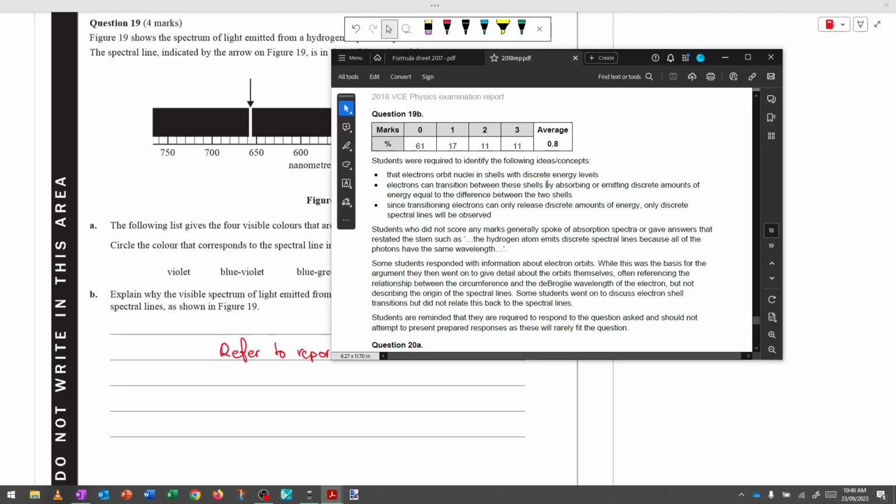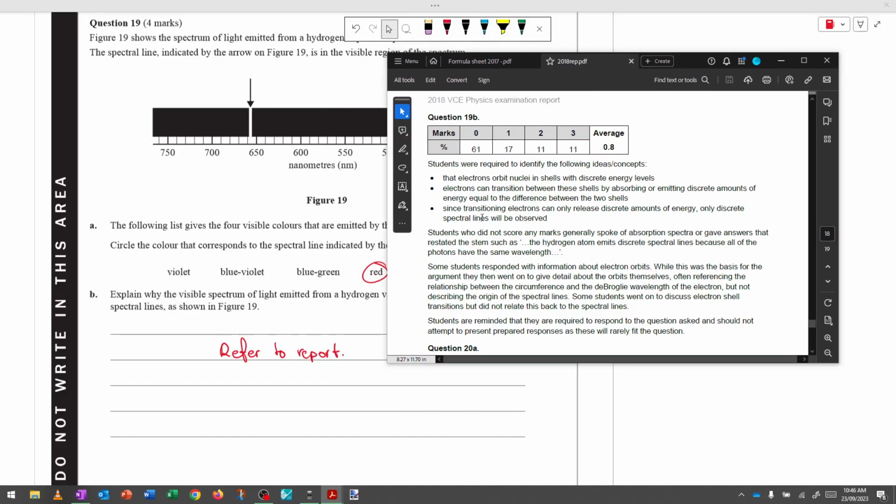Electrons can transition between these shells by absorbing or emitting discrete amounts of energy, in this case emitting when they go down an energy shell. Since transitioning electrons can only release discrete amounts of energy, only discrete spectral lines will be observed. That's equal to the energy level difference between the two orbits. You don't have to talk about why those discrete energy levels exist. That's when you go on to talk about the de Broglie wavelength, but that's not what the question's asking, and that was my error there.